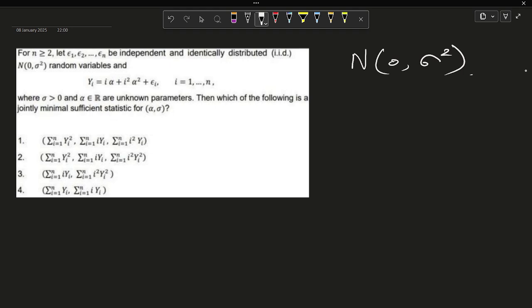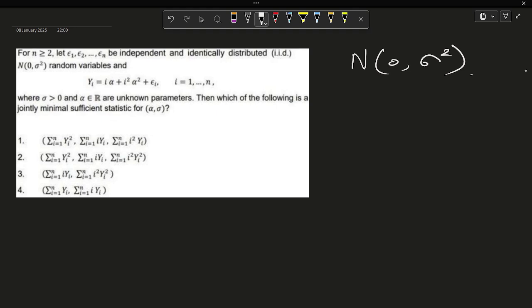Then which of the following is the jointly minimal sufficient statistic for alpha comma sigma? There are four options for this question.